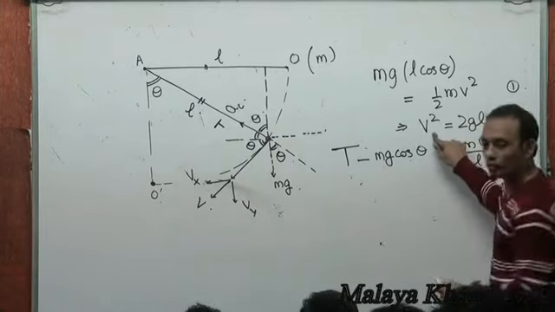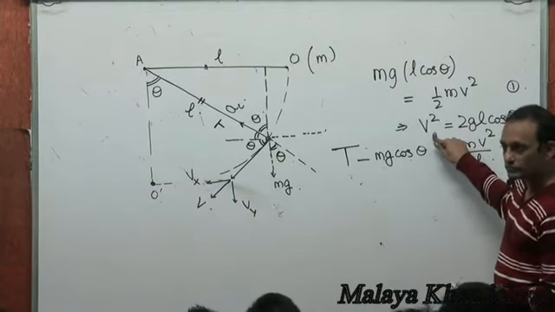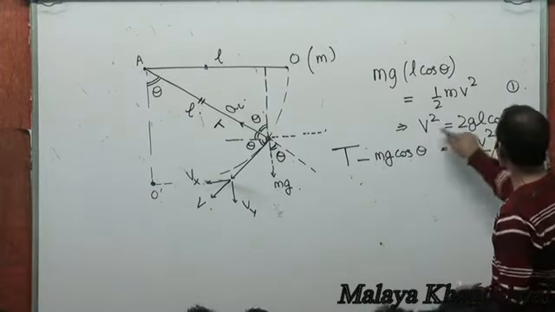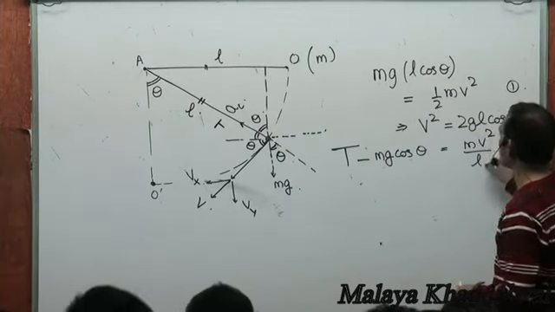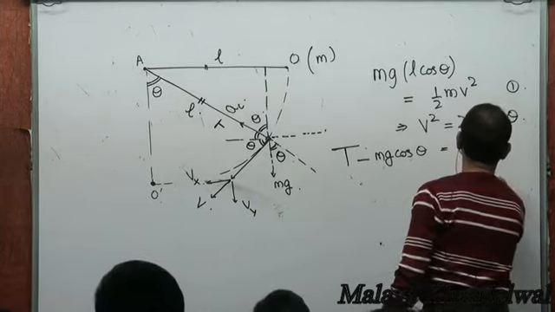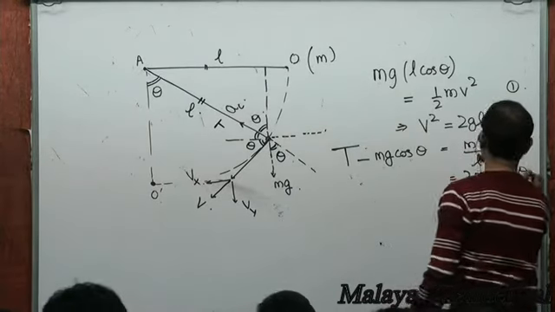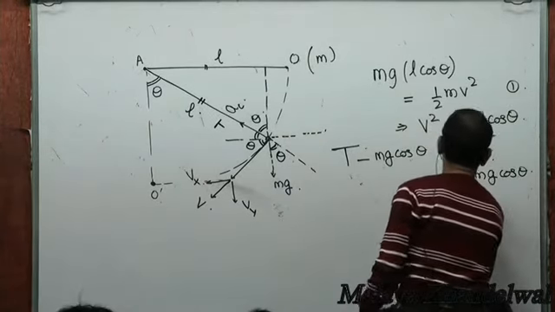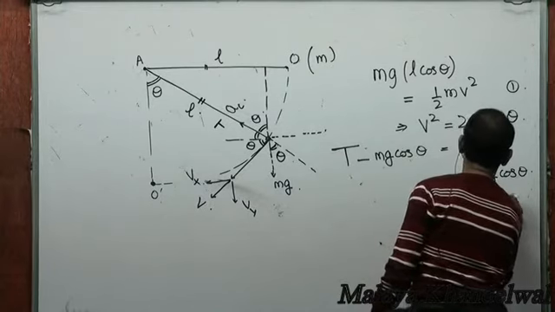I hope all of you realize whatever I've done here. mv squared by L would be 2 mg cos theta. T then would be 3 mg cos theta.